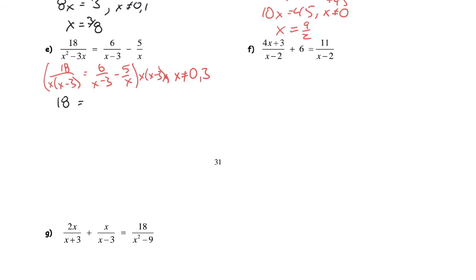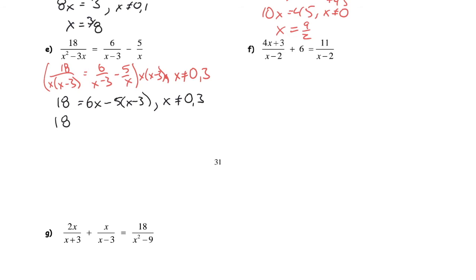With the 6 over x minus 3, the x minus 3 will cancel, and I'm just left with that x in the numerator. And with the 5 over x, the x is going to cancel, and I'm left with that x minus 3 factor in the numerator. So we can take a bit of a shortcut there without writing those terms and then canceling. We can set it up like this.